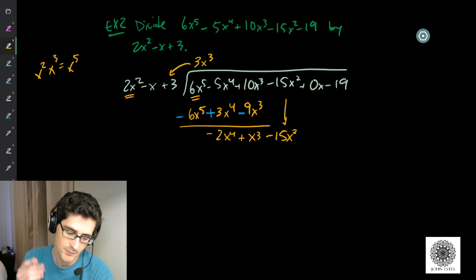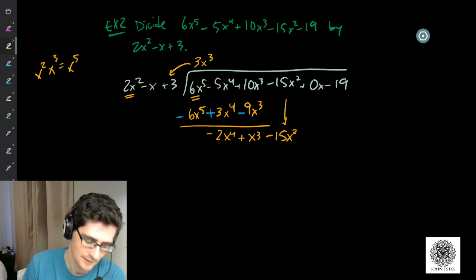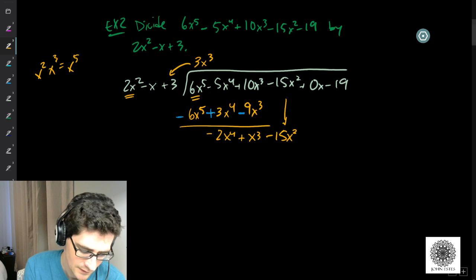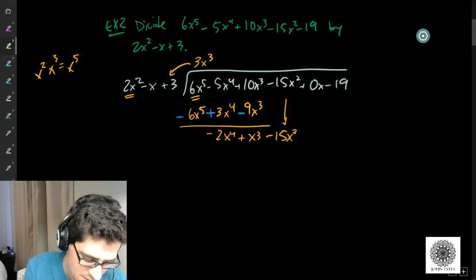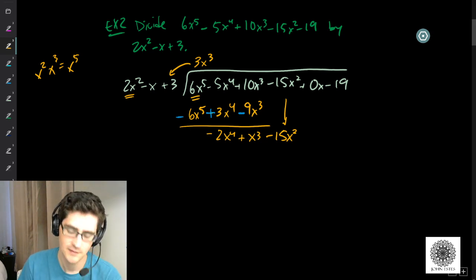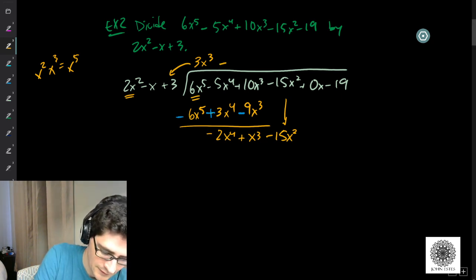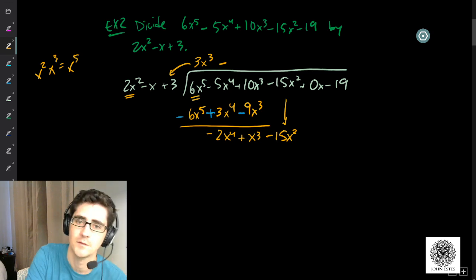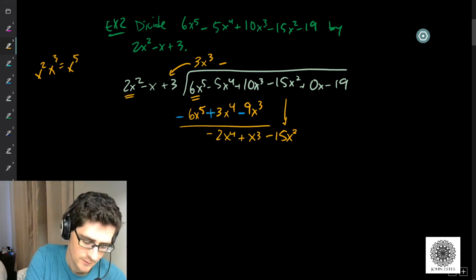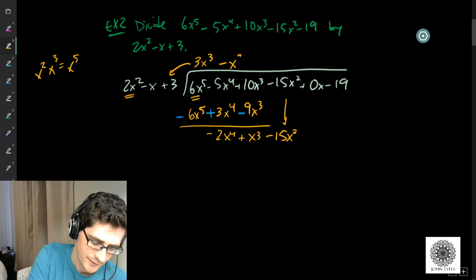And now I just have to play this game again. Let's run it again. Okay, so I need to think, what times 2x squared gives me negative 2x to the fourth? How about negative 1 times 2 gives me negative 2? And x squared times what gives me x to the fourth? How about x squared?